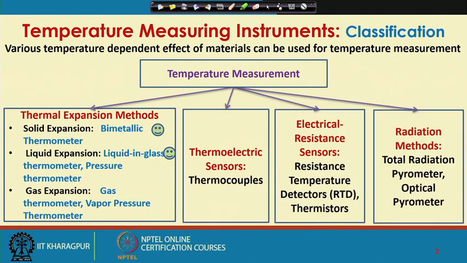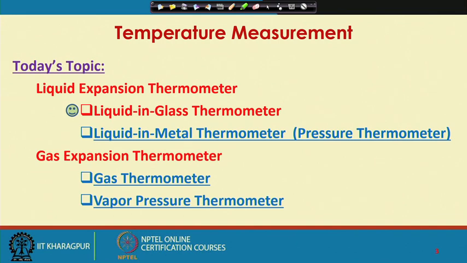So, let us look at our classification. We have talked about bimetallic thermometers, which is based on solid expansion, and we are currently talking about liquid expansion thermometers. Liquid in glass thermometers we have covered in the previous lecture. Today we will talk about liquid in metal thermometer, also known as pressure thermometer.